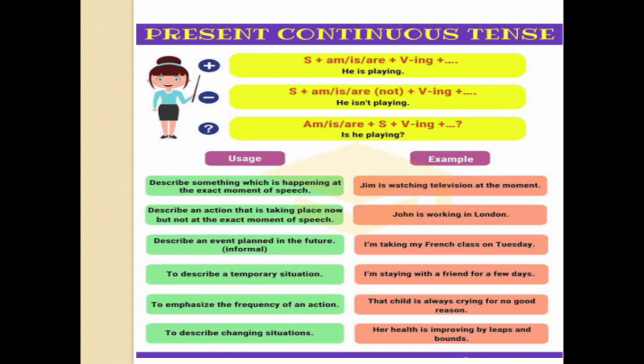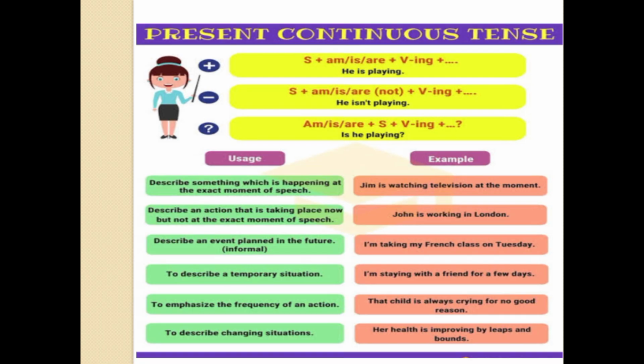If you want to make a negative sentence of present continuous tense, subject S will be there, then helping verb is, am, are, not will be added after the helping verb, then the same structure as for affirmative sentences will be followed, the first form of verb followed by ing and then object.